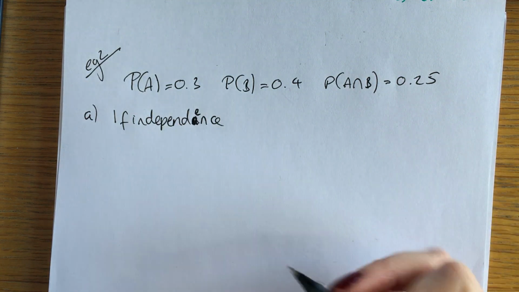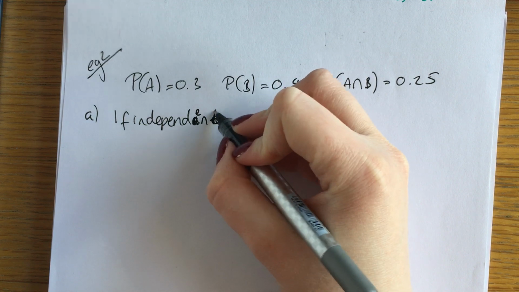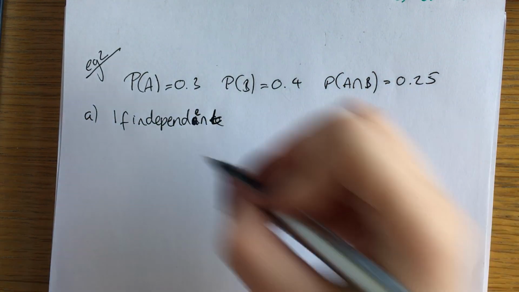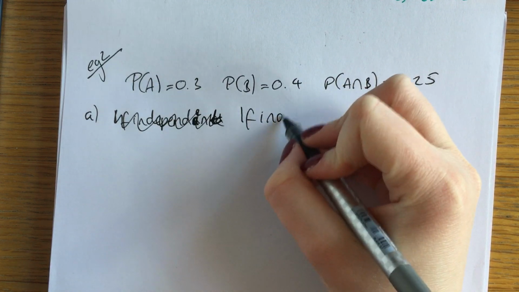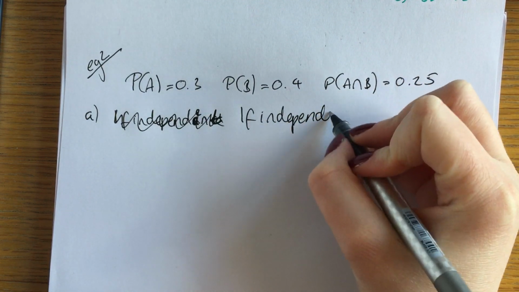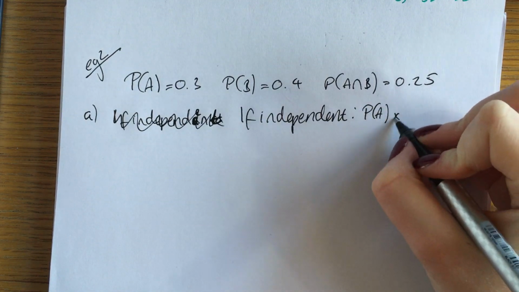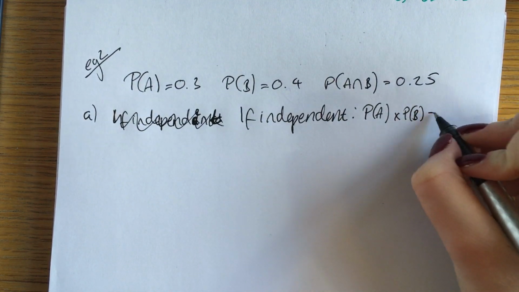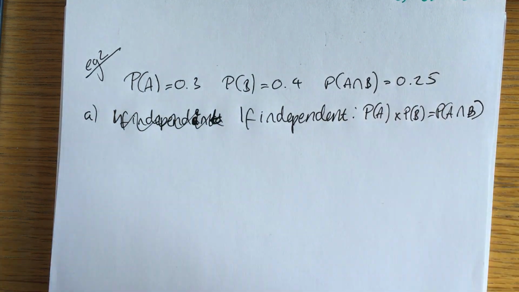Independence, there we go. If independent, then I know that the probability of A multiplied by the probability of B is the same as the probability of them both happening.